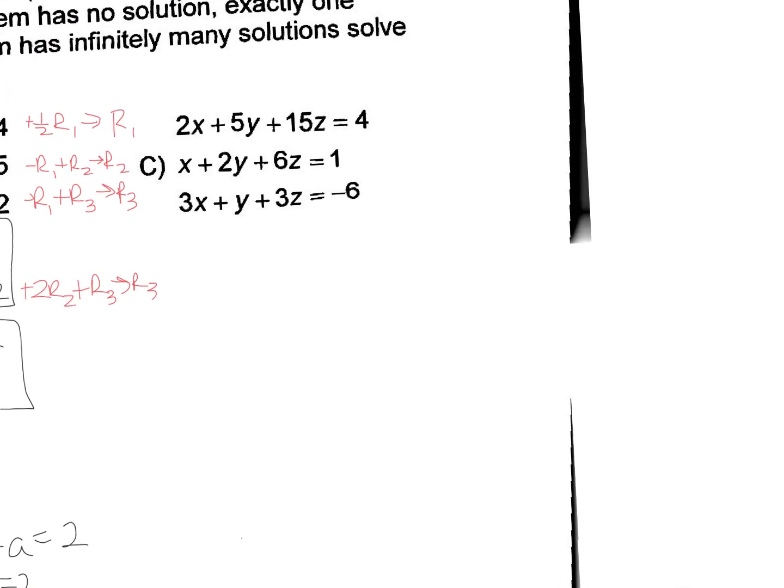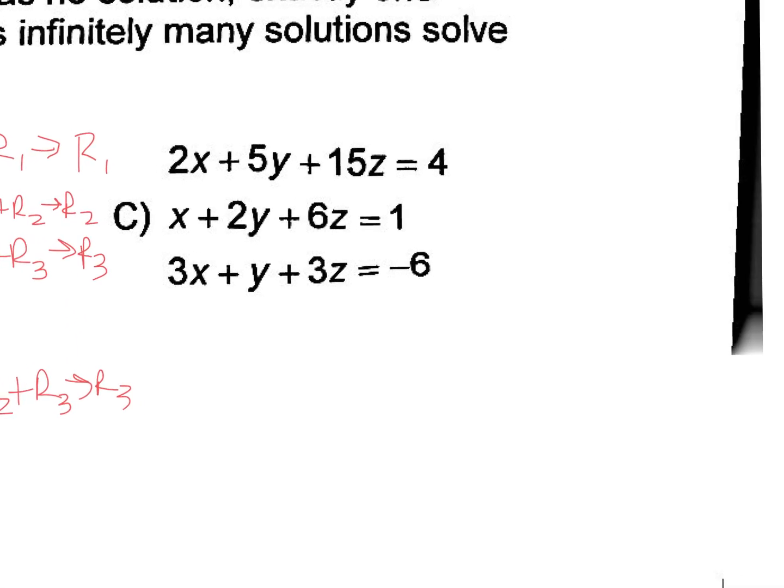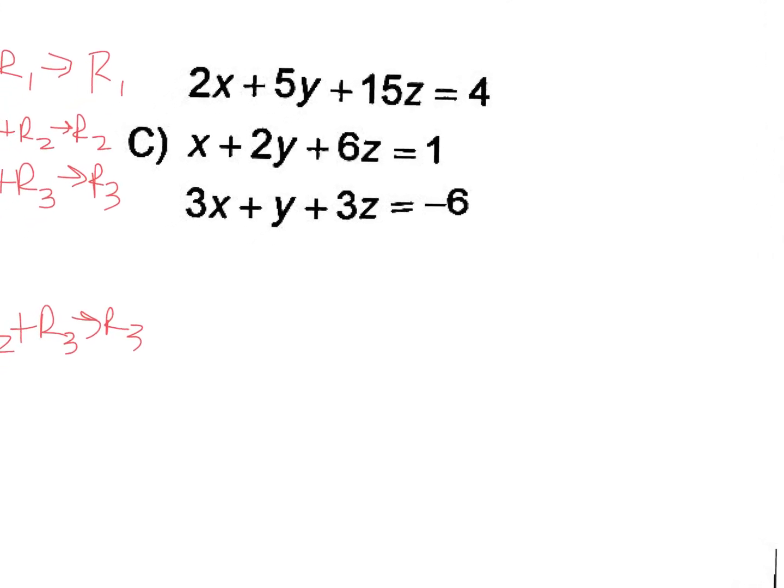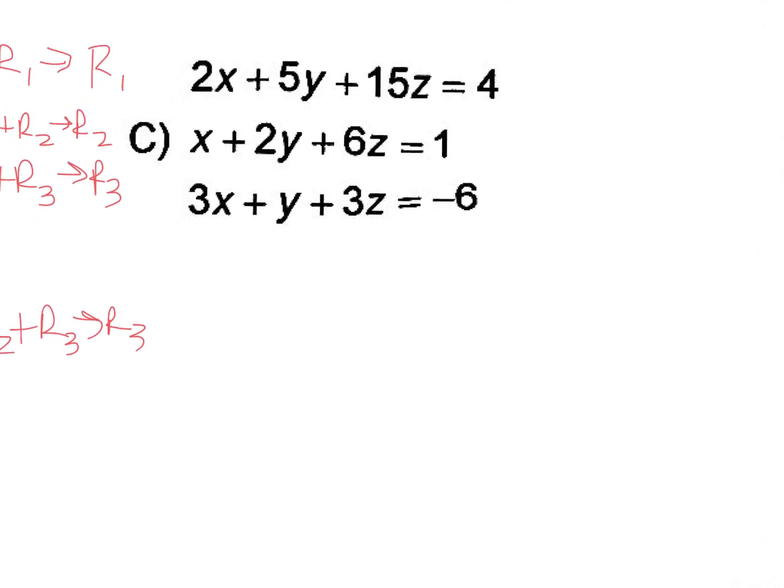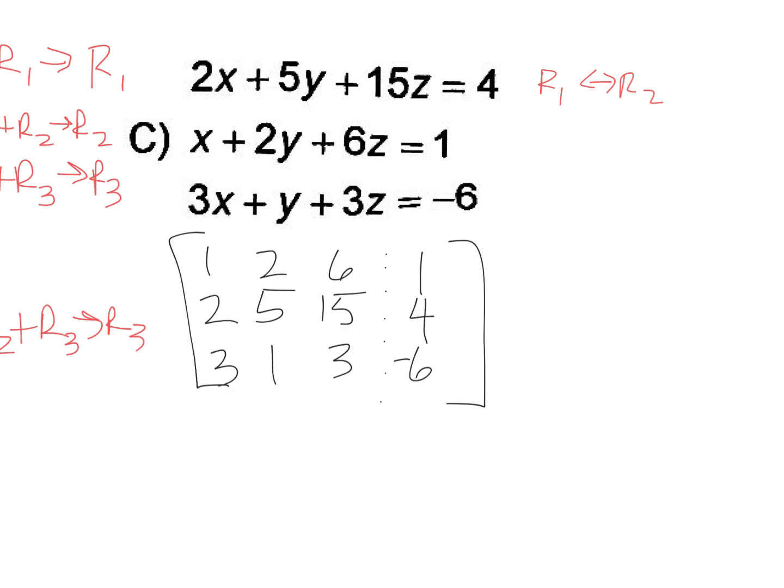Coming over to this one, what I'm going to do is I like that row 2 has a 1x coefficient of 1. So first thing I'm going to do is interchange my rows. Row 1 and row 2 I'm going to interchange. And this could kind of get a little confusing. So what I'm going to do is just that and then go for my row operations from there.